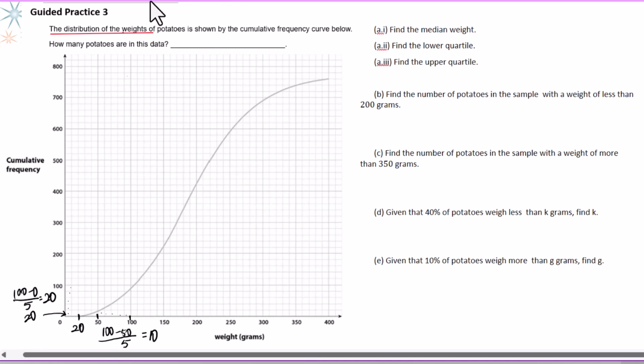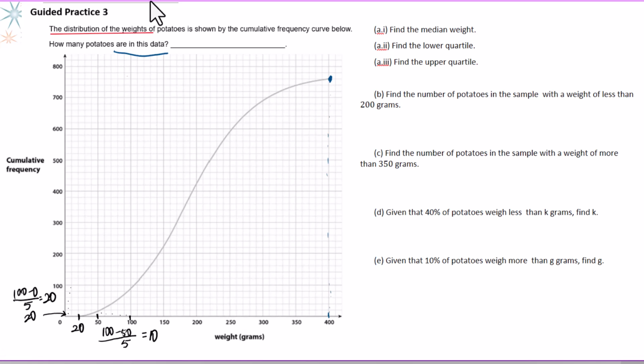We want to figure out how many potatoes are in this data. Let's go to the ending point of this curve. Going down, the maximum weight of the potato is 400 grams.